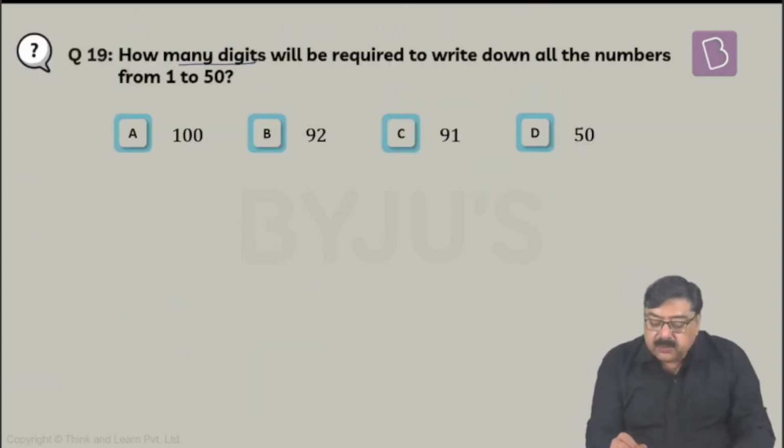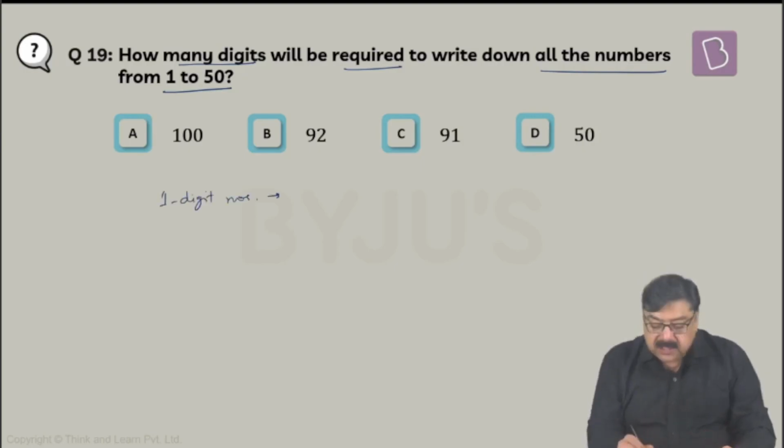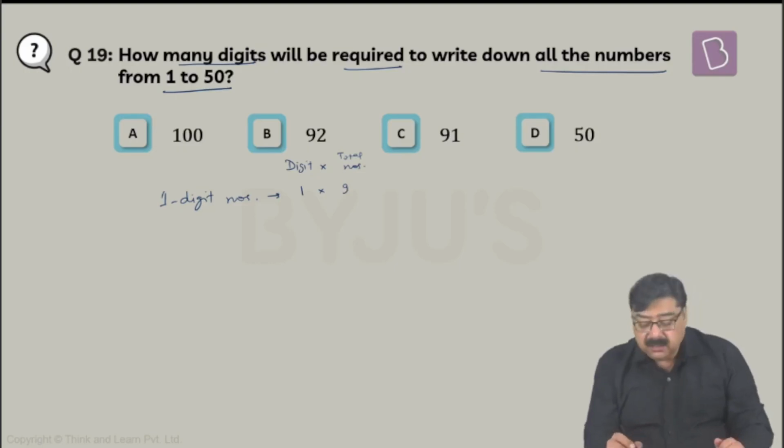Now how many digits will be required to write down all the numbers from 1 to 50? Number of digits we want. So from 1 to 50 we have single digit numbers and double digit numbers. One digit numbers: each number consists of one digit, into total numbers, which are 9 from 1 to 9. So there will be 9 digits required to write down the numbers from 1 to 9.